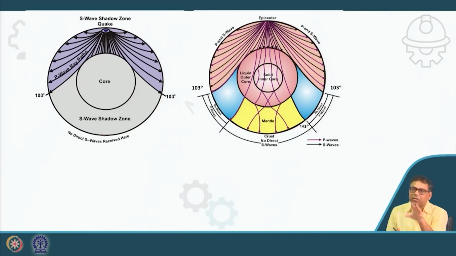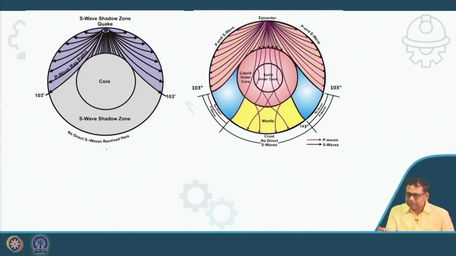They can pass through solid only. So when the wave comes here, it cannot pass. That means no direct S wave will reach in this zone.